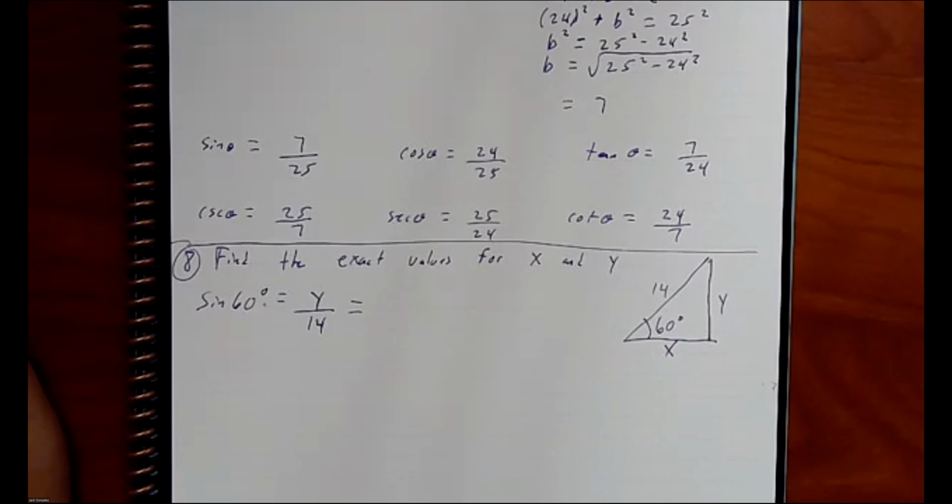Is it pi over 3? Pi over 3 is the same as 60 degrees. Square root 3 over 2? Yeah, that would be the answer.